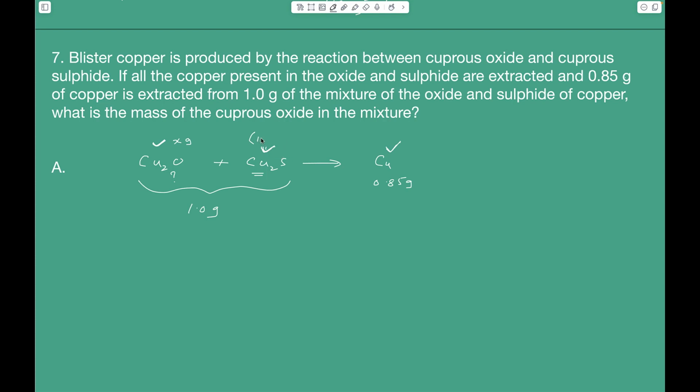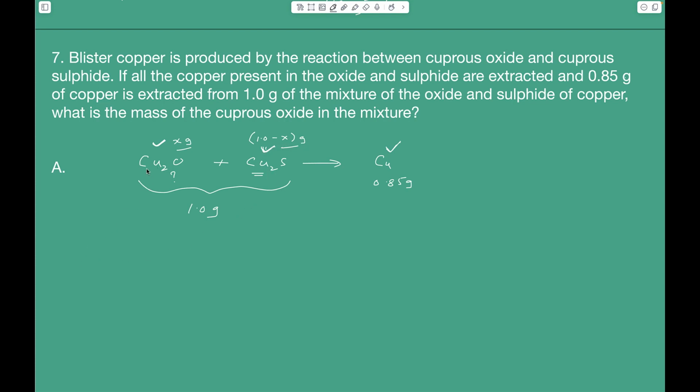The total mass of the mixture is 1 gram. So if we assume that the mass of cuprous oxide is x grams, obviously the mass of cuprous sulfide must be 1 minus x grams.